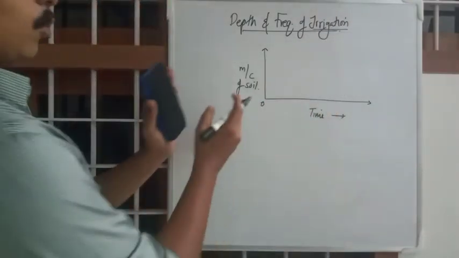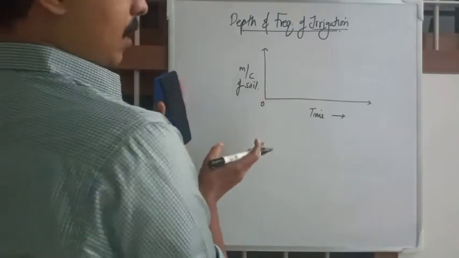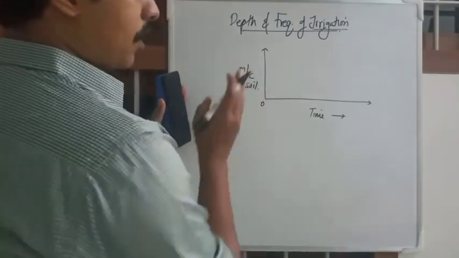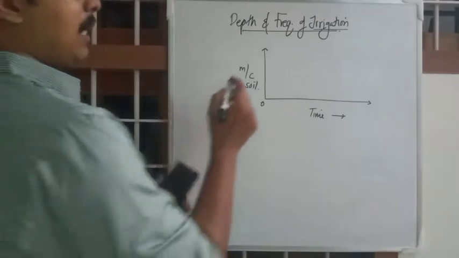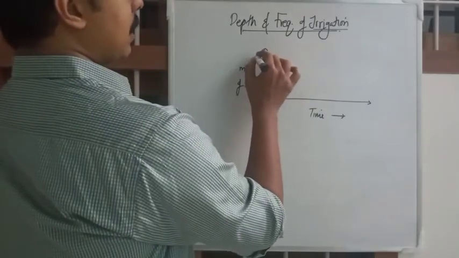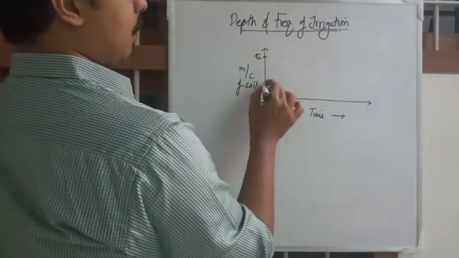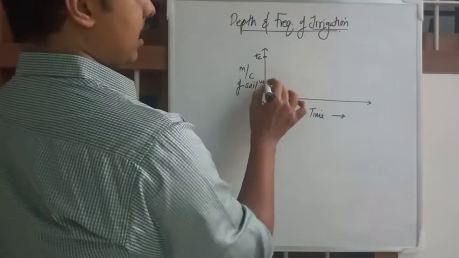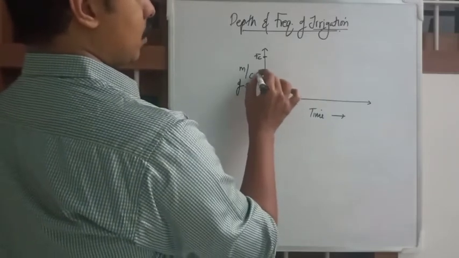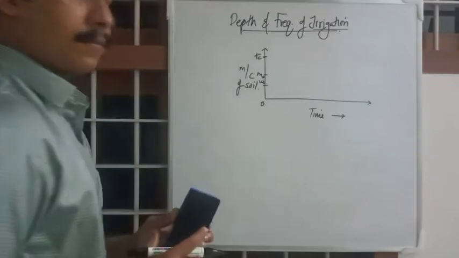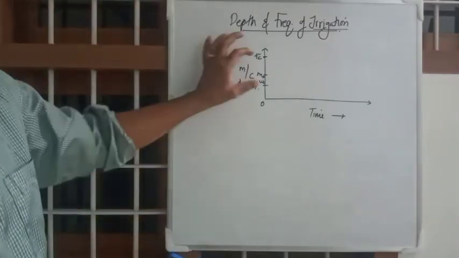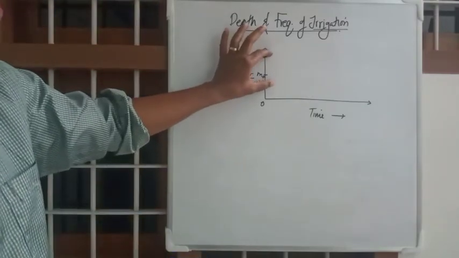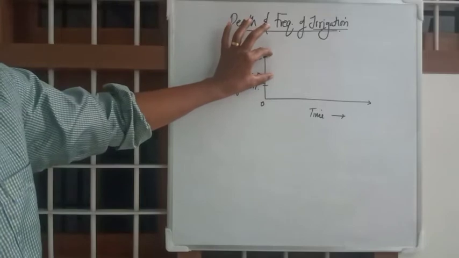The moisture content that previously we had drawn on the x axis, now we are drawing on the y axis. Obviously there will be FC here, the wilting constant here, and M0 here. Okay, available moisture, readily available moisture.